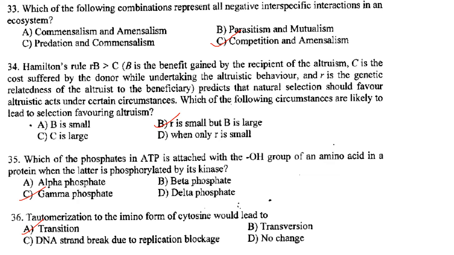So which of the following circumstances are likely to lead to the selection favoring altruism? As per Hamilton, natural selection favors genetic success, not reproductive success.